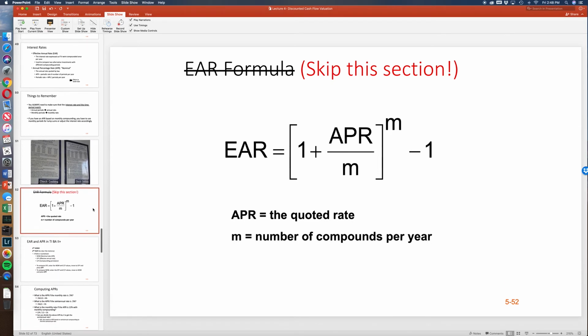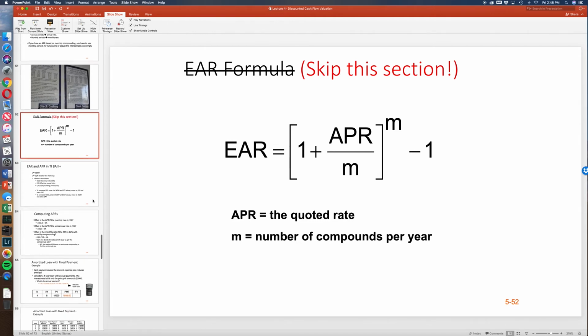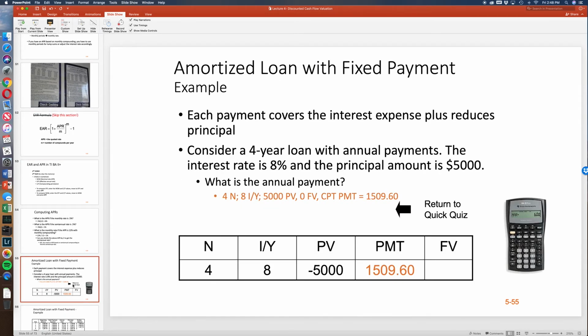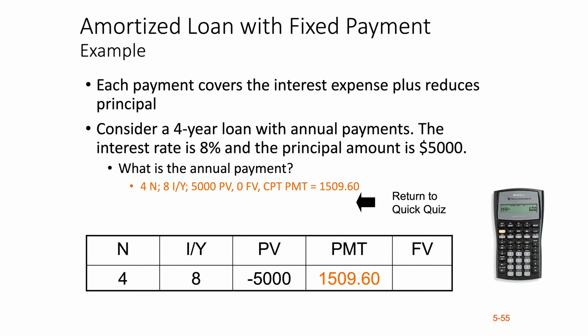Now, next, from here, I need to talk about consumer loans. Consumer loans like car loans, mortgage loans, student loans, etc. The payments are constant. In other words, the payment includes the interest payment and the principal payment.